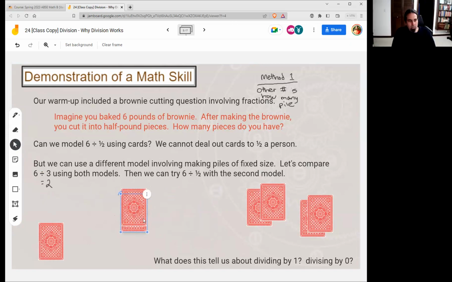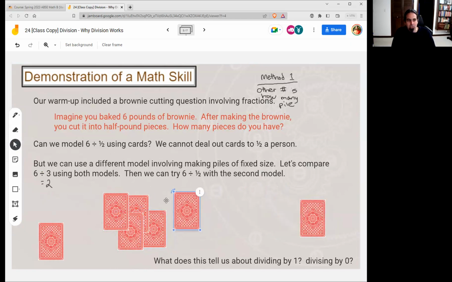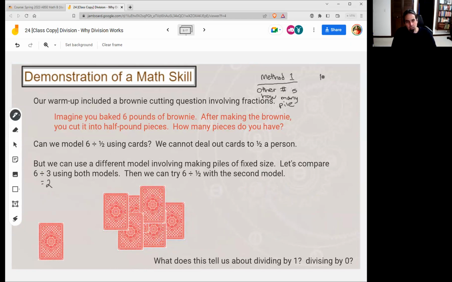Okay, so the other way I could do this, let's rewind time. Pretend we didn't do that. Method 2: now 6 divided by 3, the 3, the other number, is going to be the pile size.